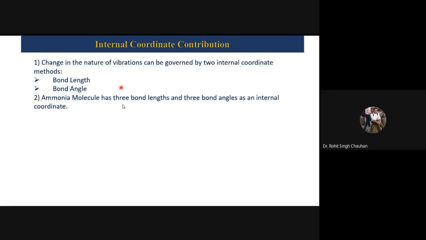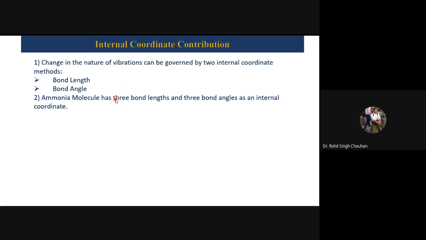Now I'm telling you that whenever you are going to find the projection formula or the SALC equation for a molecule, you should focus only on these two things, bond length and bond angle. I guess this is well known to all of you. Bond length, like in ammonia, how many bonds are there? Three bonds are there. Three NH bonds. And an angle, the angle in between two bonds is called the bond angle.